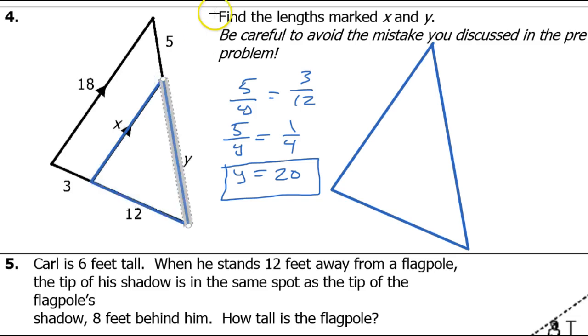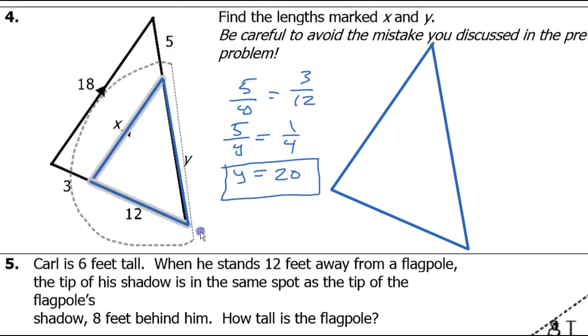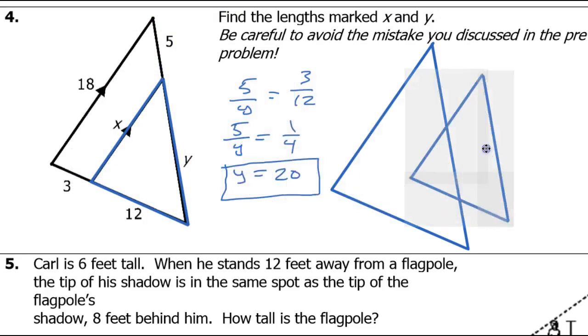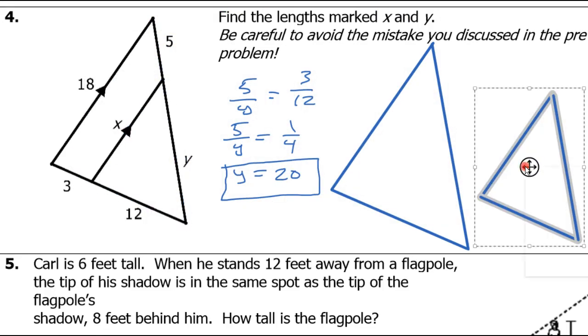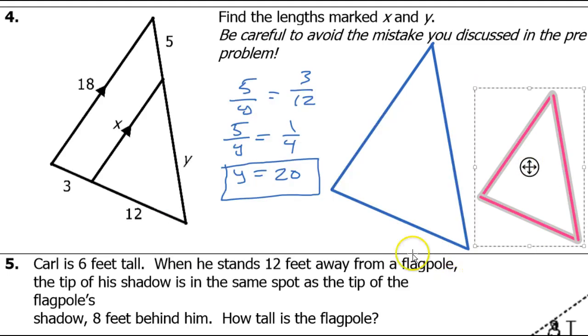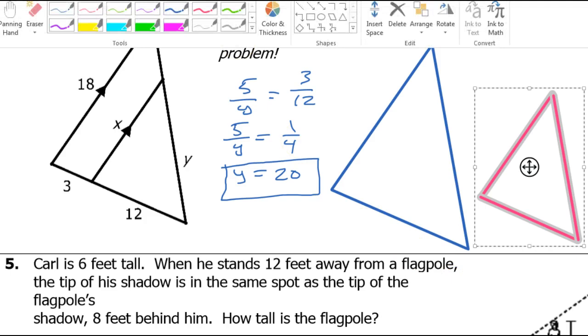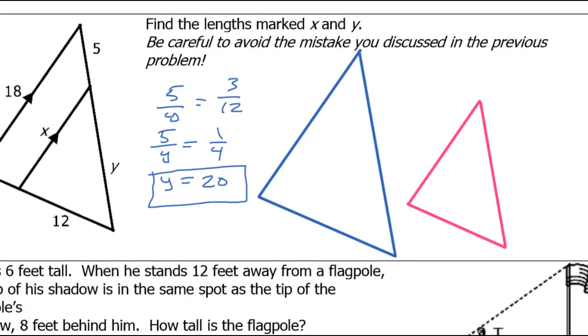Going like this. Okay. Now, for the smaller triangle, this is y, and this is x, and this is 12.